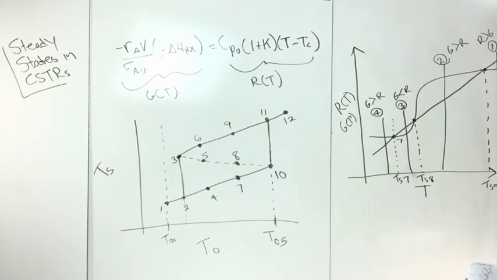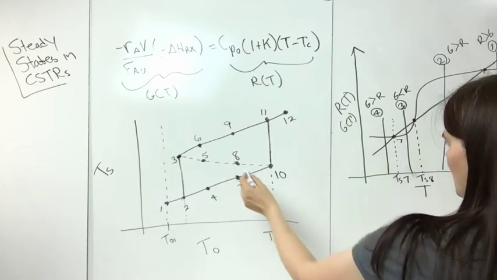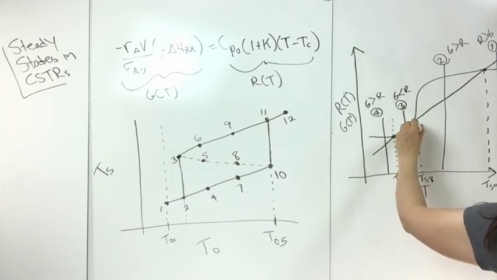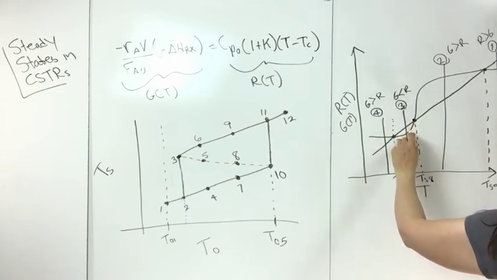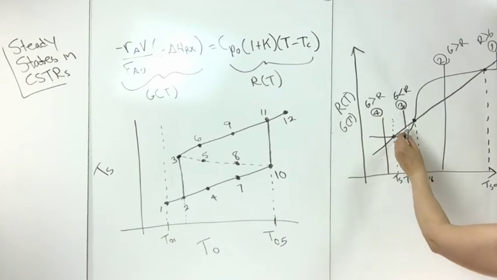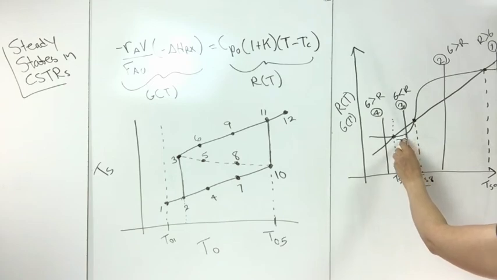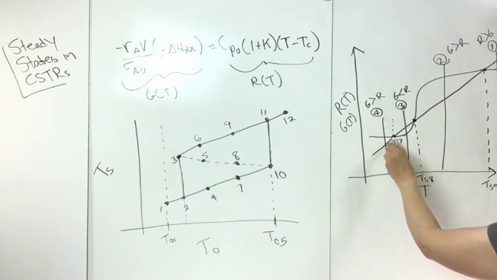for instance, if you look at point 8, if you slightly decrease the temperature, there's more heat being removed than heat generated, so the temperature would continue to decrease until you get to 7.